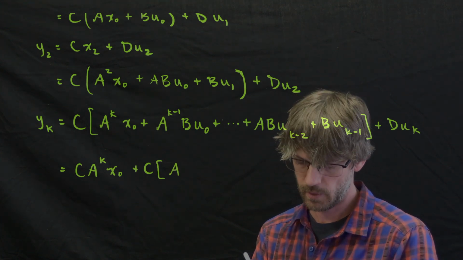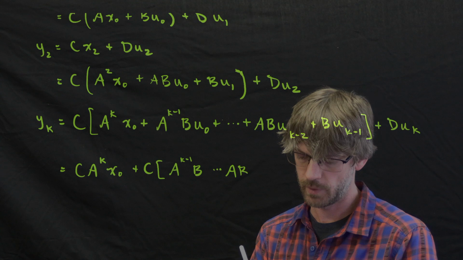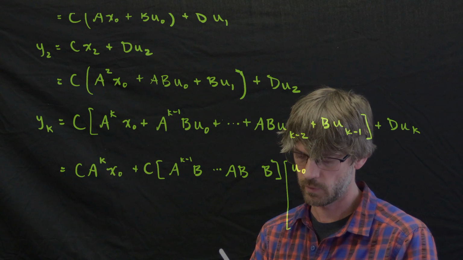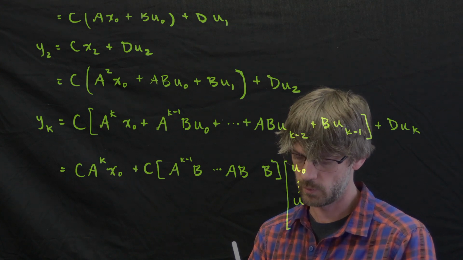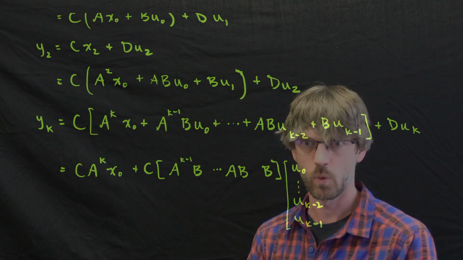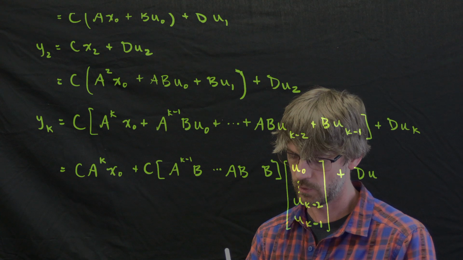So we'll have a to the k minus 1 times b. We have many things here, a, b, and b. And all of that is going to be multiplied by these control inputs, u0 all the way on to uk minus 2 and uk minus 1. And we still have our plus d uk here.